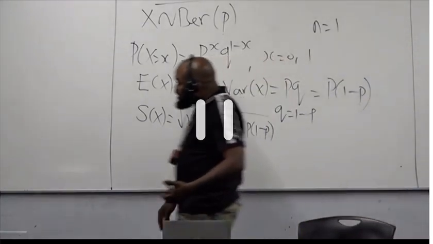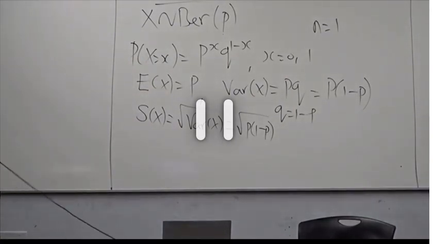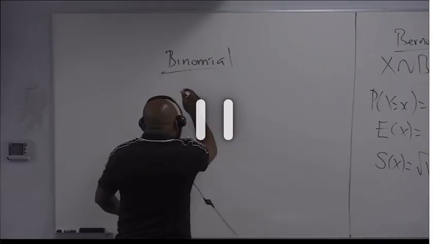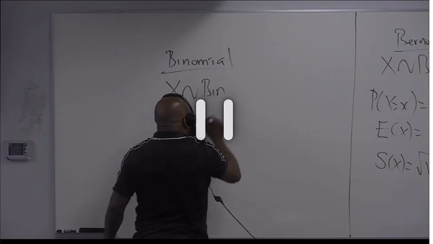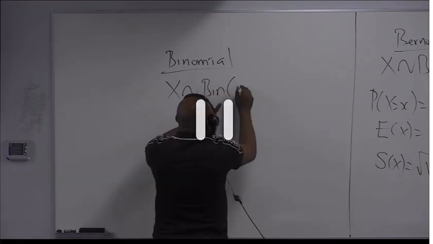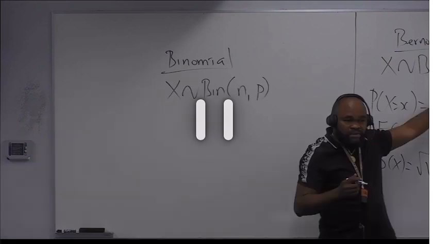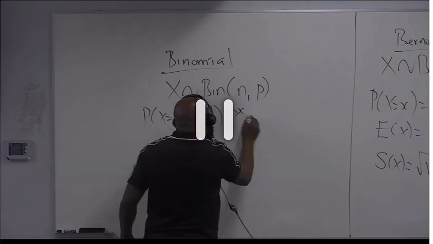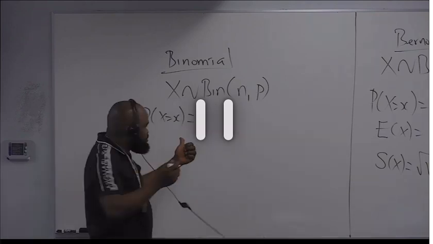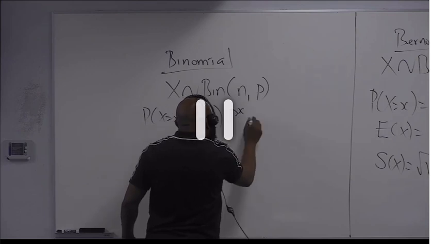Now, if I go to binomial, we normally write x follows, with parameters n and p. Here the parameter is only p. So the probability mass function for the binomial is n combination x, p raised to power x, q raised to power n minus x.